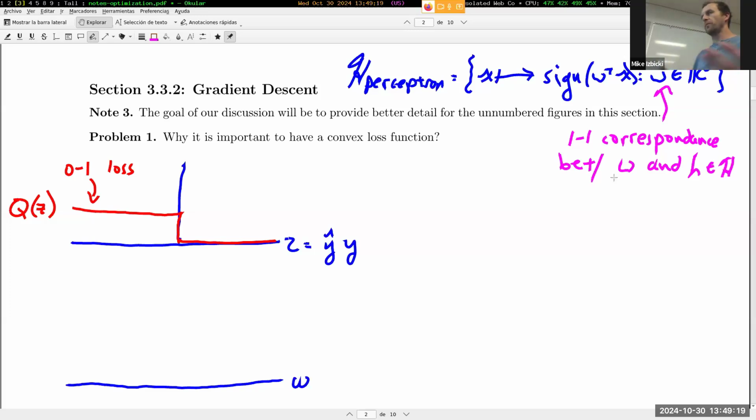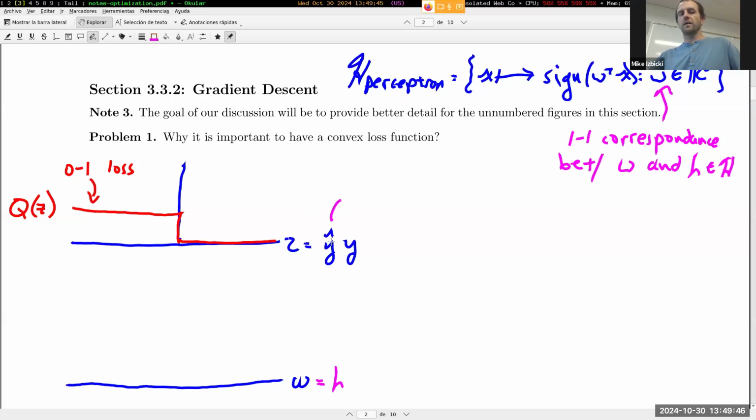And so it's very common for people in the textbook and the paper that we'll be reading to go back and forth between w and h and use them interchangeably. So down here, one way of thinking about this axis is that it's not only an axis of w, but it's also the particular hypothesis that we are interested in. Another important observation is this y hat up here.